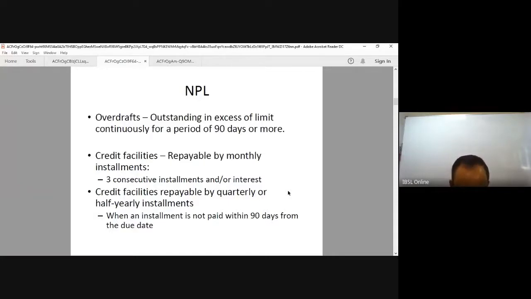From the due date you will calculate 90 days, right? When the excess is not paid, or the capital and interest installment is not paid from the due date for a period of 90 days, it becomes pushed into non-performing advances, the special mention account category.